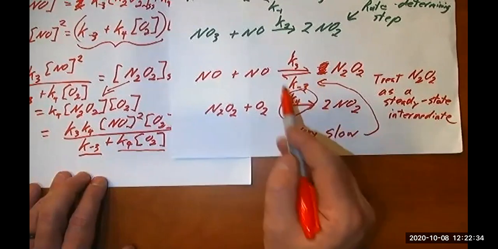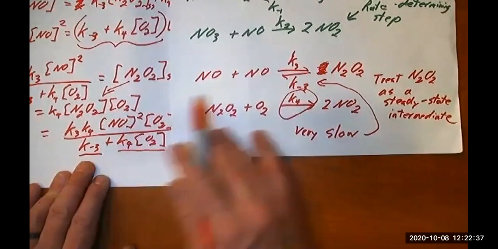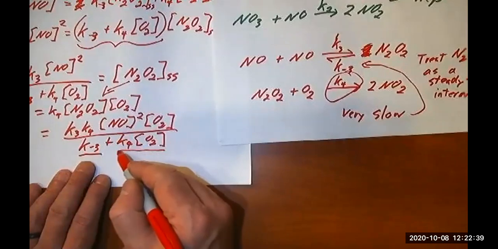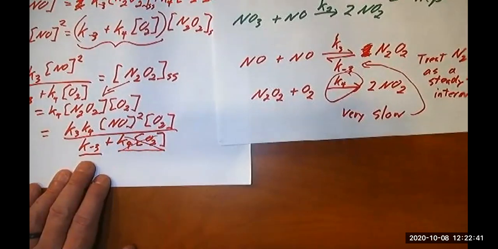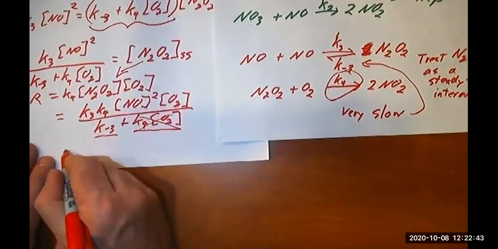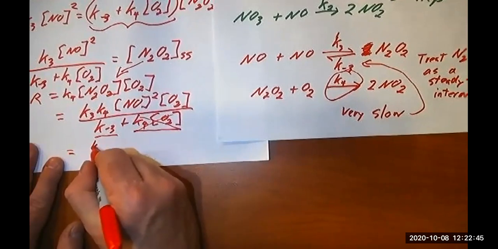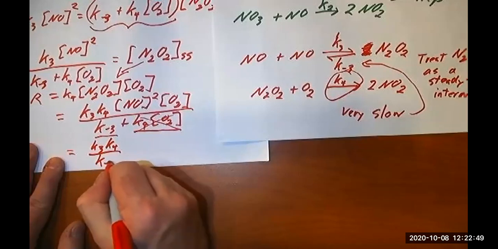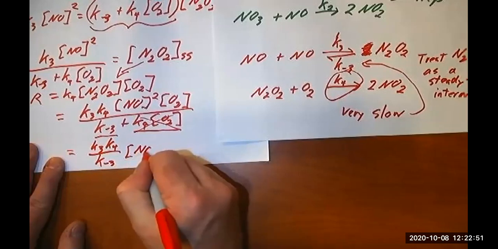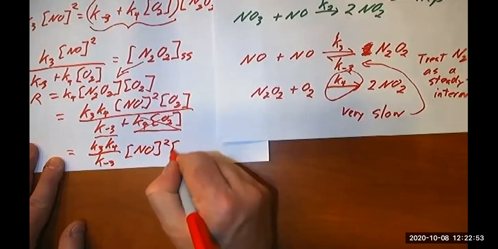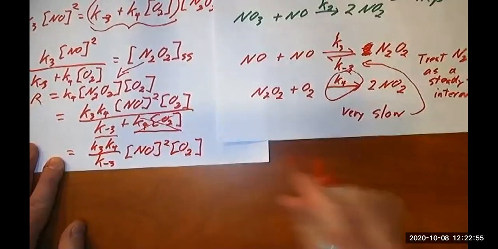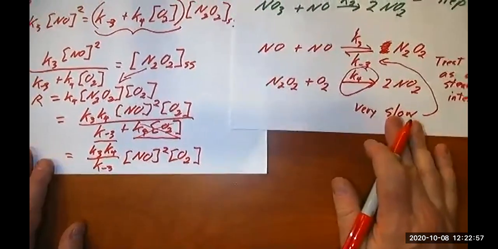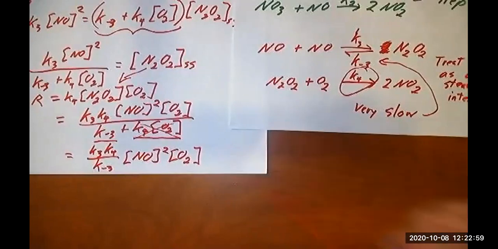So the k minus 3 step is fast, and so this here becomes negligible. And we are left with k3 k4 over k minus 3, concentration of NO squared, concentration of O2. All right.